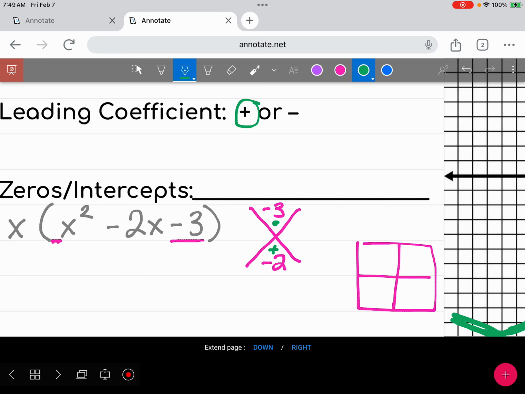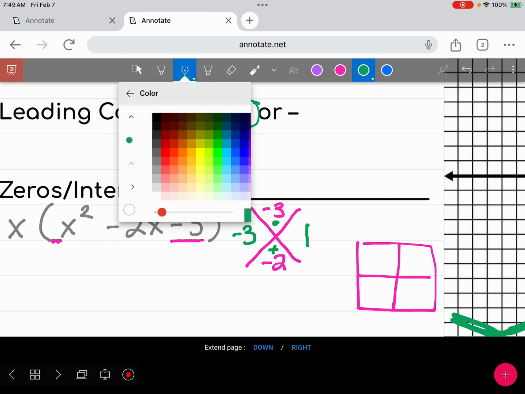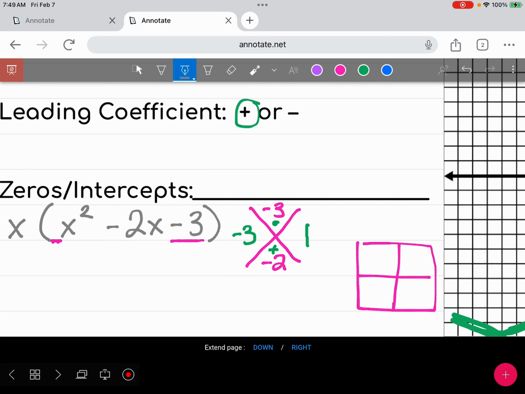What numbers multiply to make 3? One and 3. So if I need it to add to be a -2, which of those needs to be negative? The -3. So when we're filling in the box, we're going to have our x squared from our equation and our -3 from our equation with the -3x and our +1x.